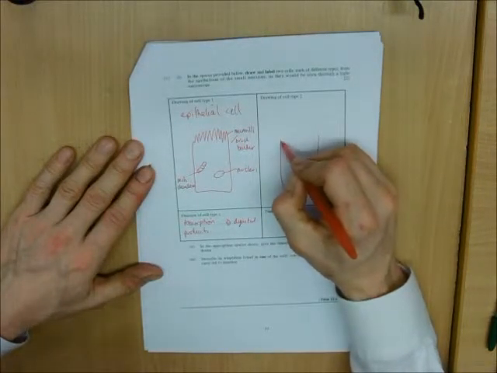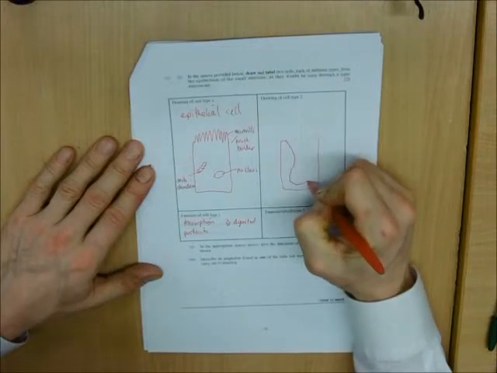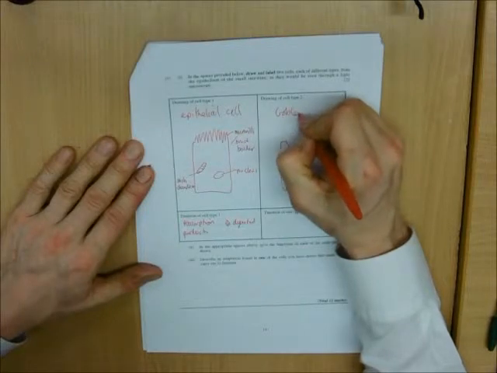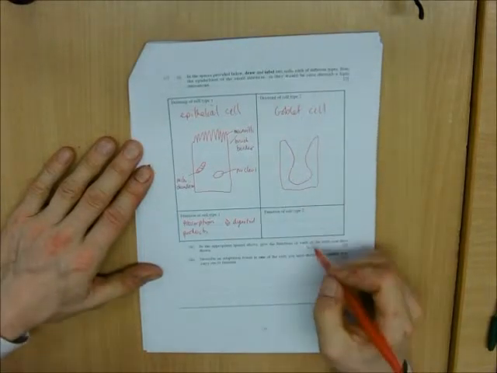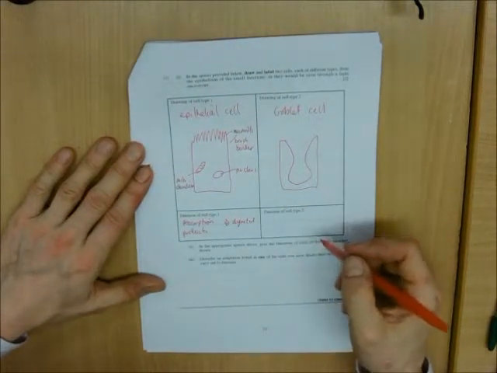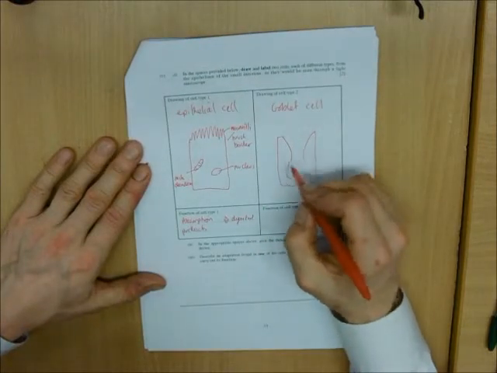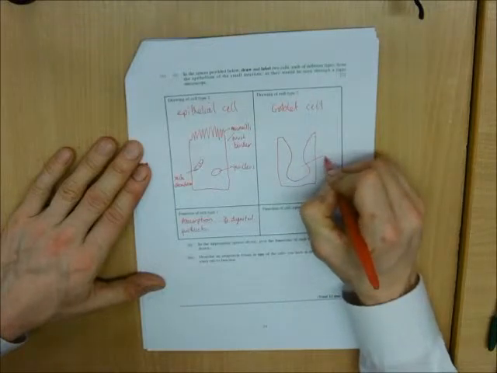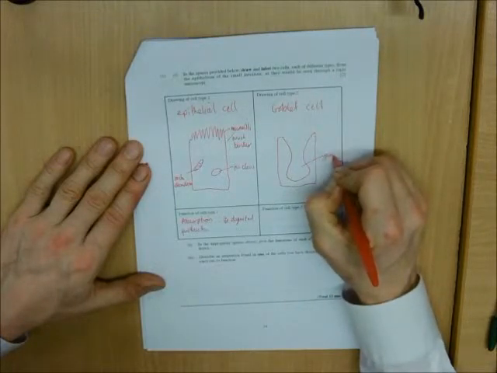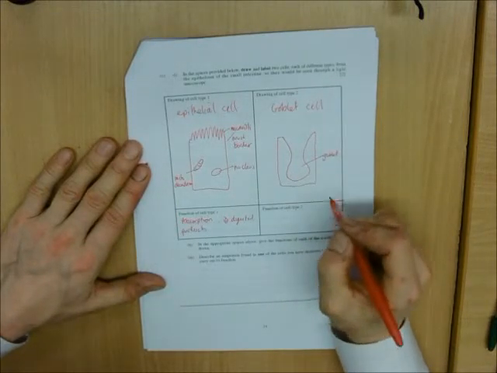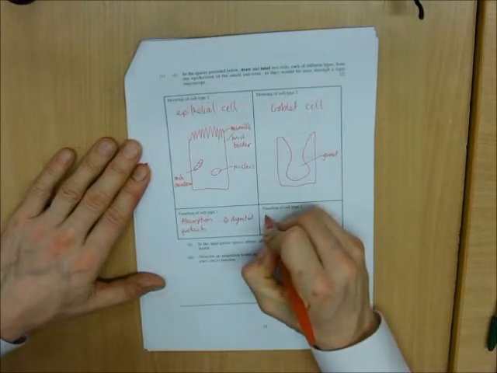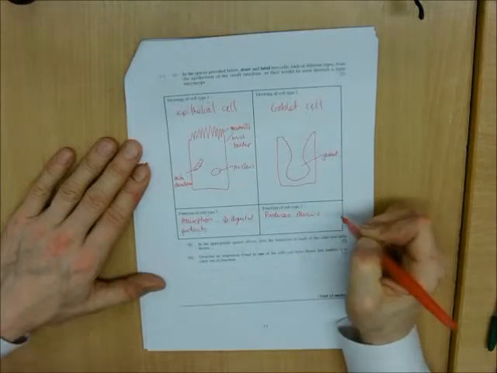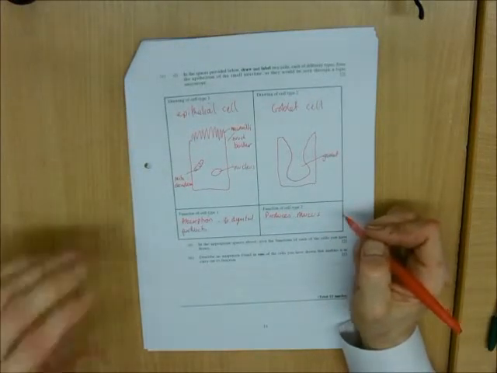So anything that looks a little bit like that, and we're going to call that a goblet cell. And the function there is to produce mucus. So this is the goblet, and function produces mucus, and that will lubricate the food and so on.